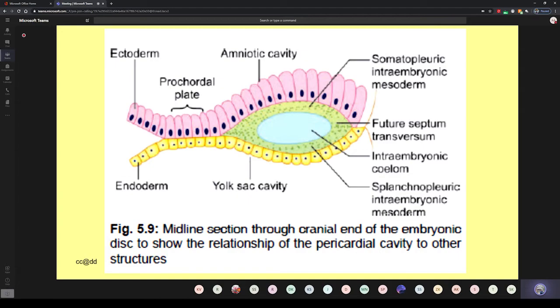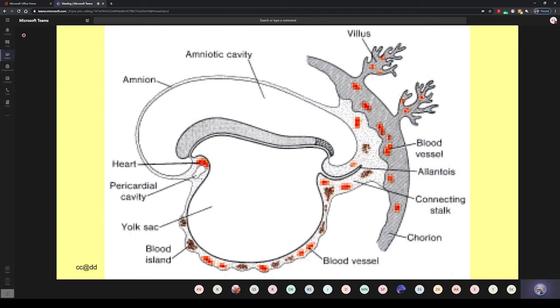This is not required right now, but this is just to emphasize that lateral plate mesoderm is going to be responsible for lining of the body cavities. What are the body cavities? The peritoneal, the pleural, and the pericardial cavities, right?